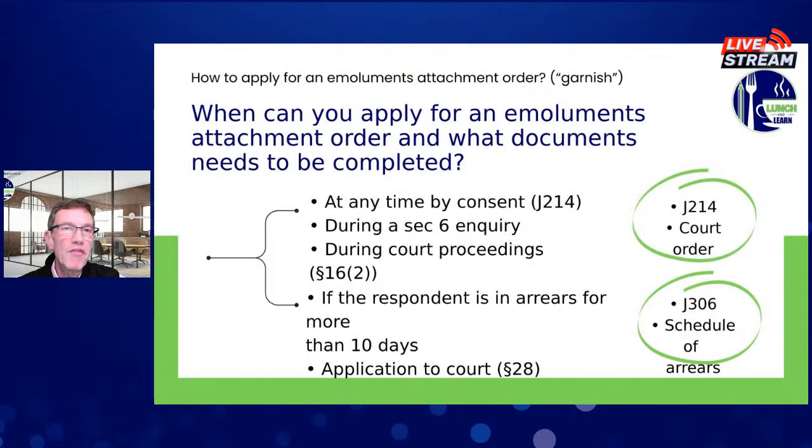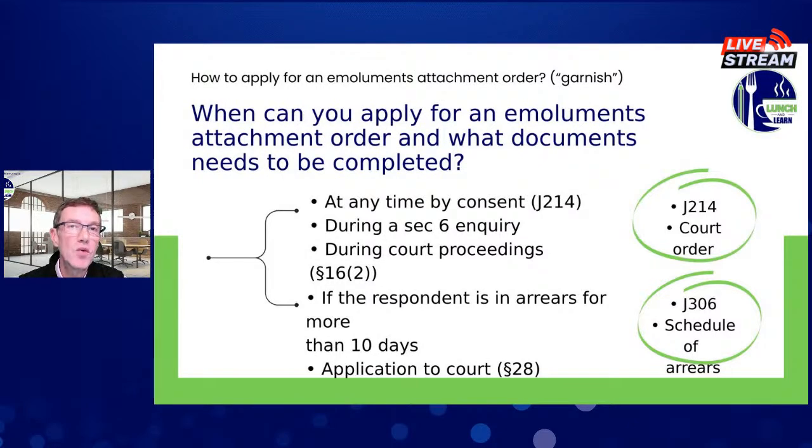Now, for example, in many of my cases where I do mediation in maintenance matters, I have the parties fill in, even if they come and see me at the office beforehand, I would have the respondent fill in a J214 document or form, that's a justice form, where he consents to an amount of maintenance.